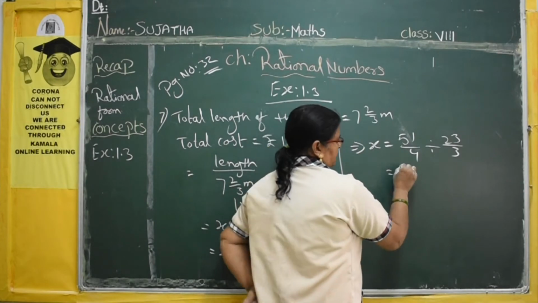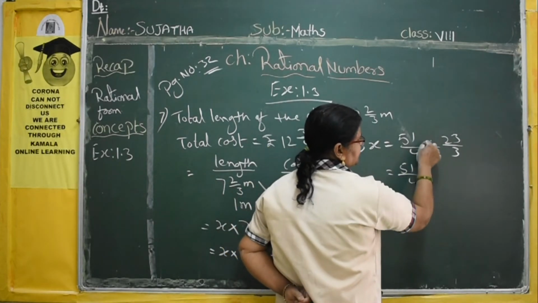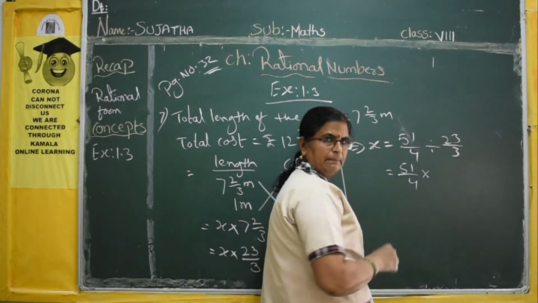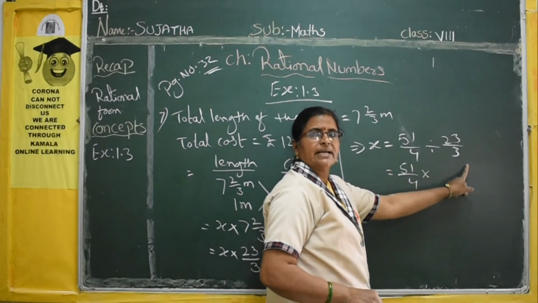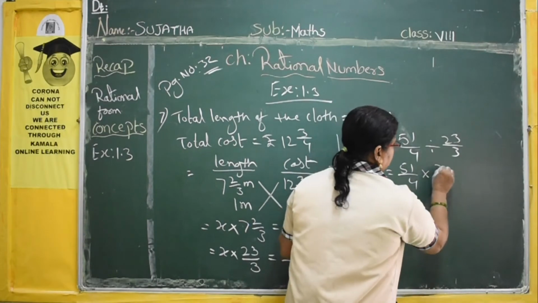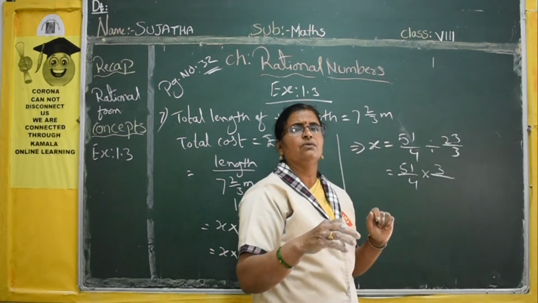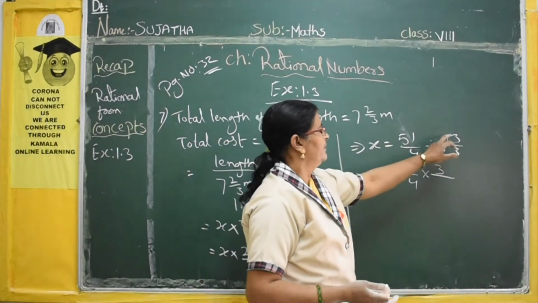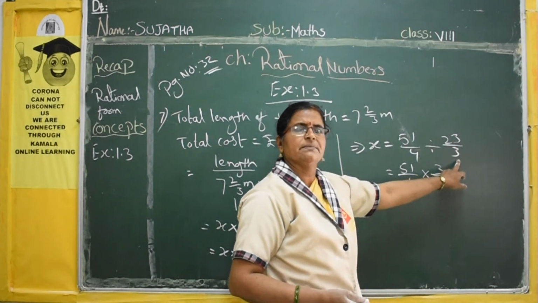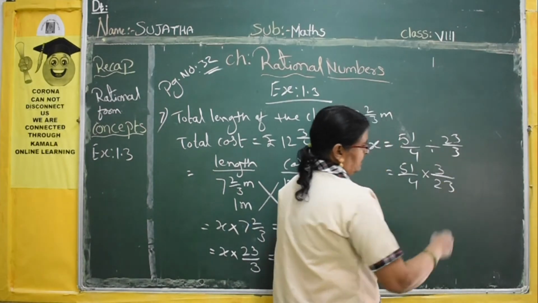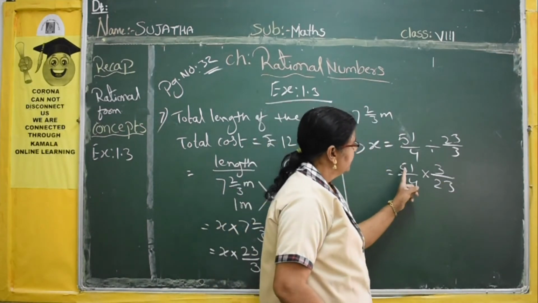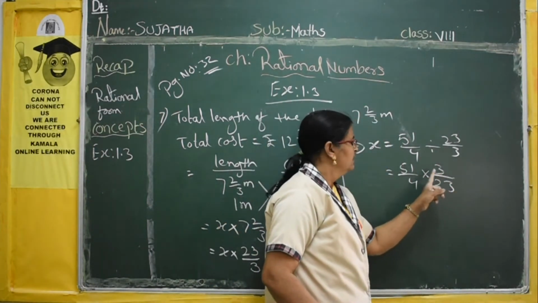Now 51 by 4, this division will be changed again into multiplication. We have to take the reciprocal of the second fraction. Reciprocal means interchanging numerator and denominator. 23 by 3 is there. What is the reciprocal of that? 3 by 23. This one we got.